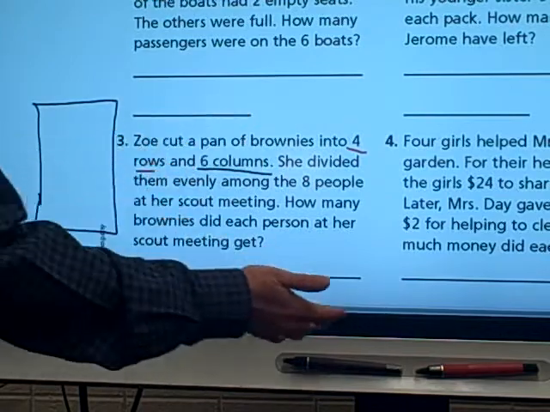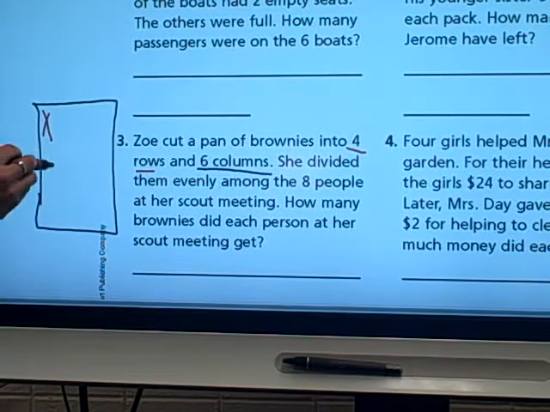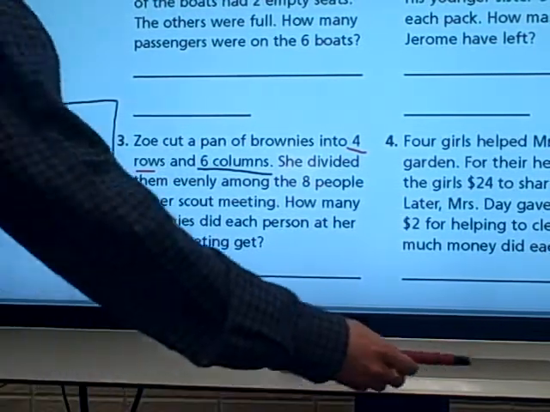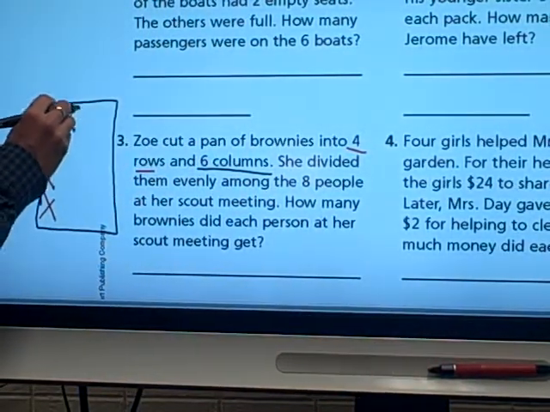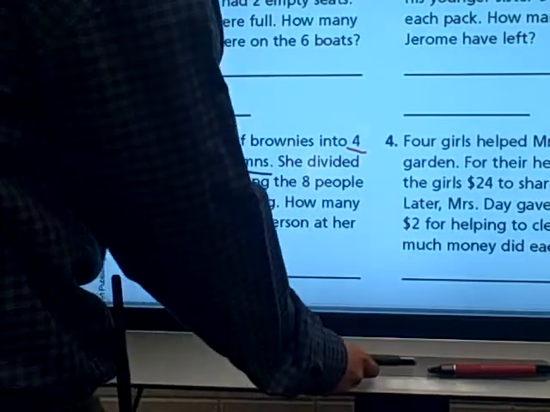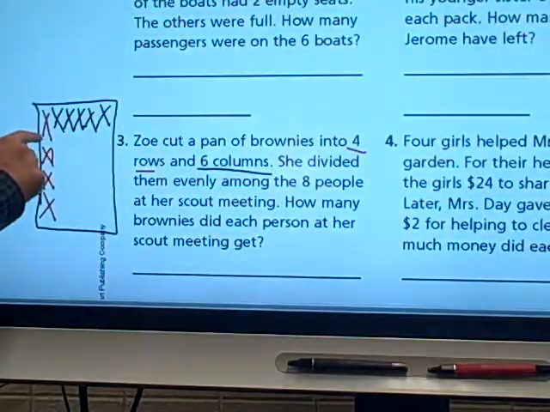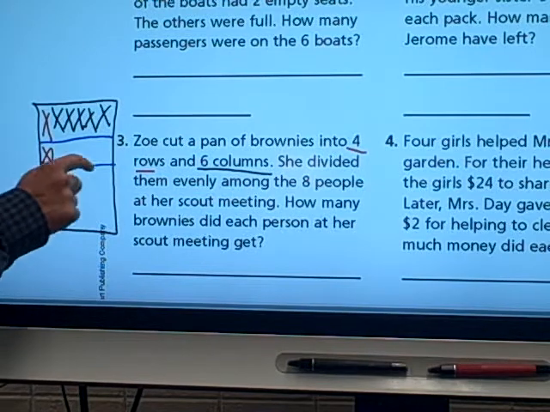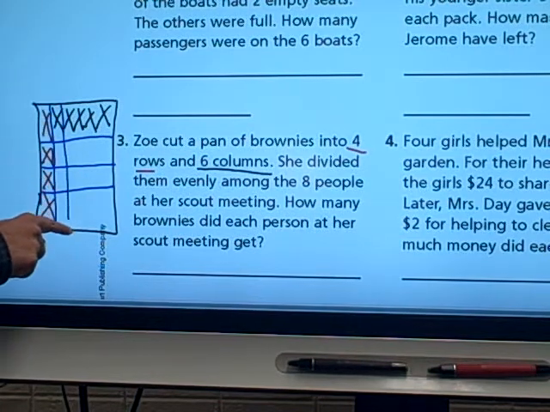And if it has 4 rows, I taught the students to make X's for their rows, and then for columns, they can make X's like this: 3, 4, 5, 6. And why do we do that? Well, then it's much easier to draw our lines to indicate the rows. Do I have 4 rows? 1, 2, 3, 4. Do I have 6 columns?